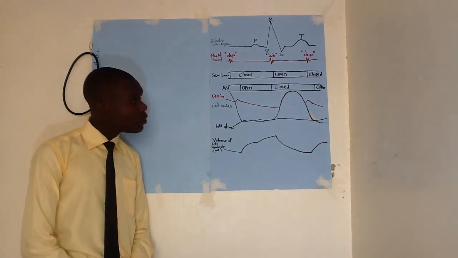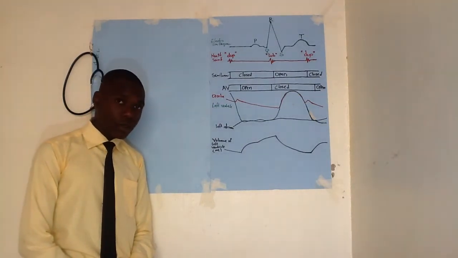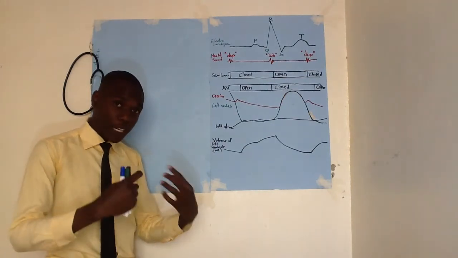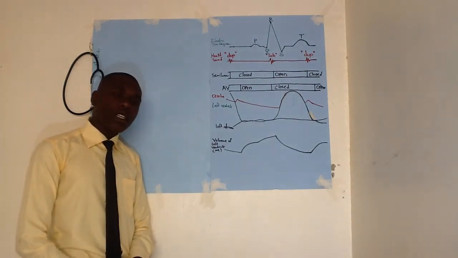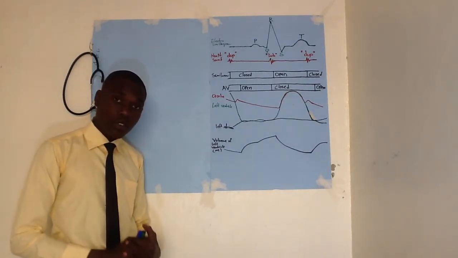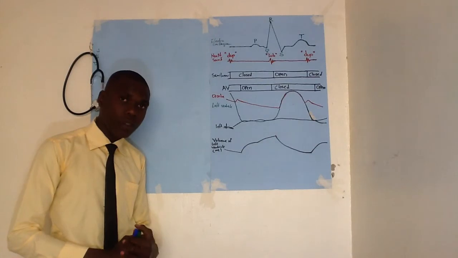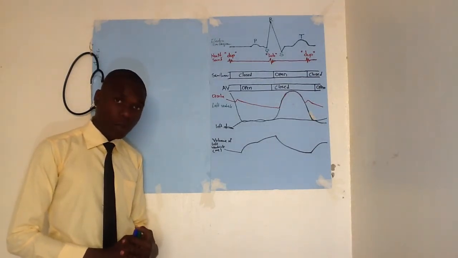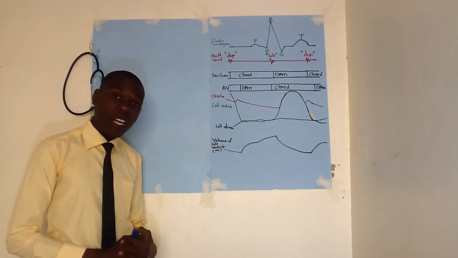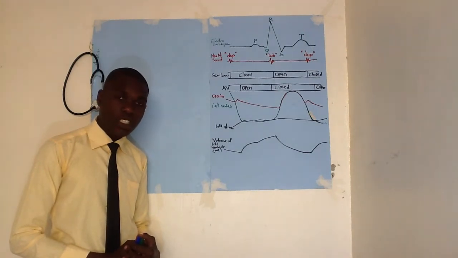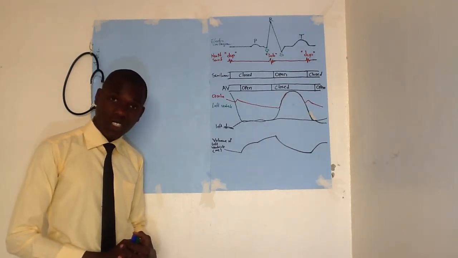First of all, a cardiac cycle is the sequence of activities that occur within the heart during a complete heartbeat. A complete heartbeat may be made up of complete cardiac relaxation, that is atrioventricular relaxation.